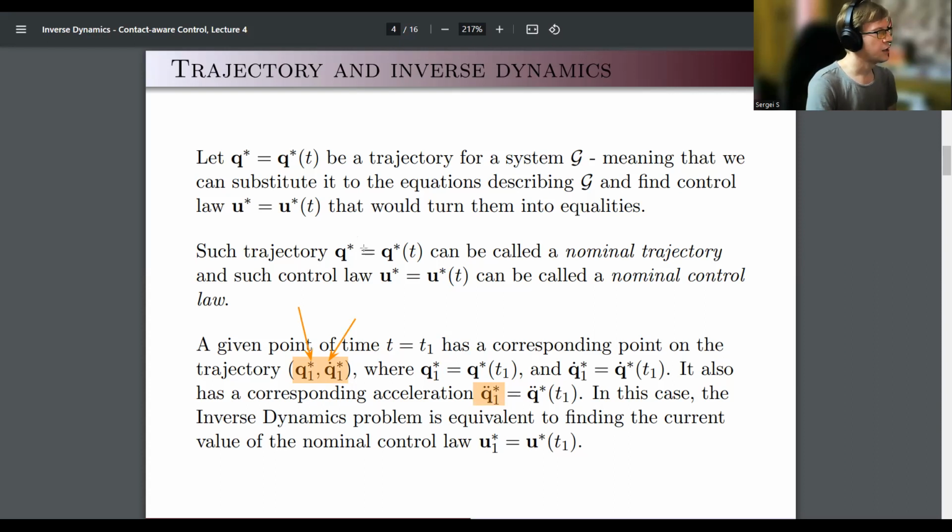Also, something that again you have to be very careful about: you would say, okay, desired acceleration is good, but I want not the acceleration from the trajectory, not the acceleration that I get by differentiating the trajectory twice, but this acceleration plus PD control.